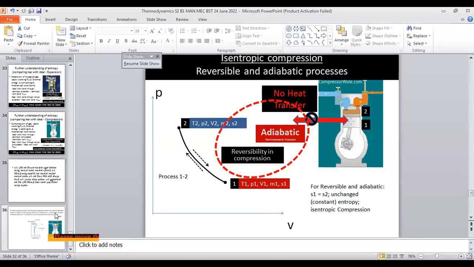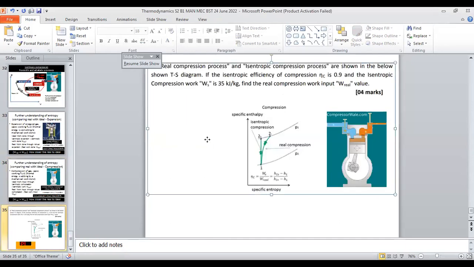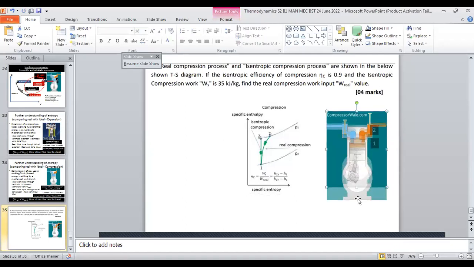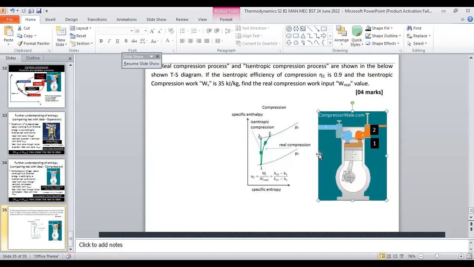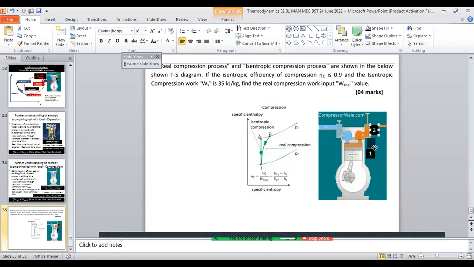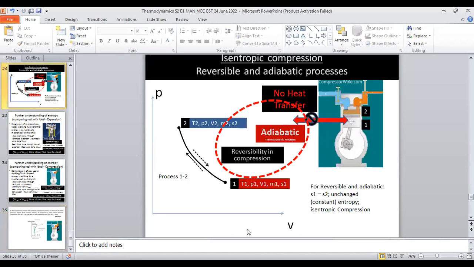So this is a real one. Okay, the compression process.